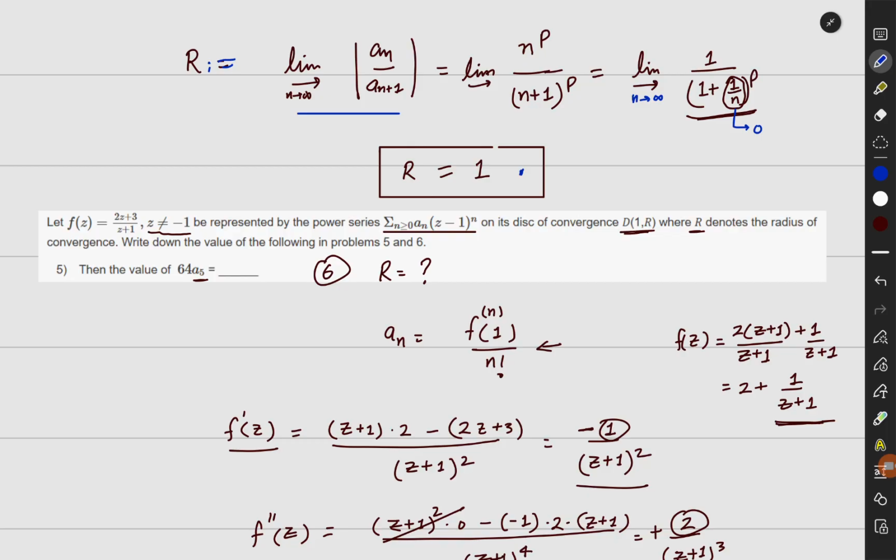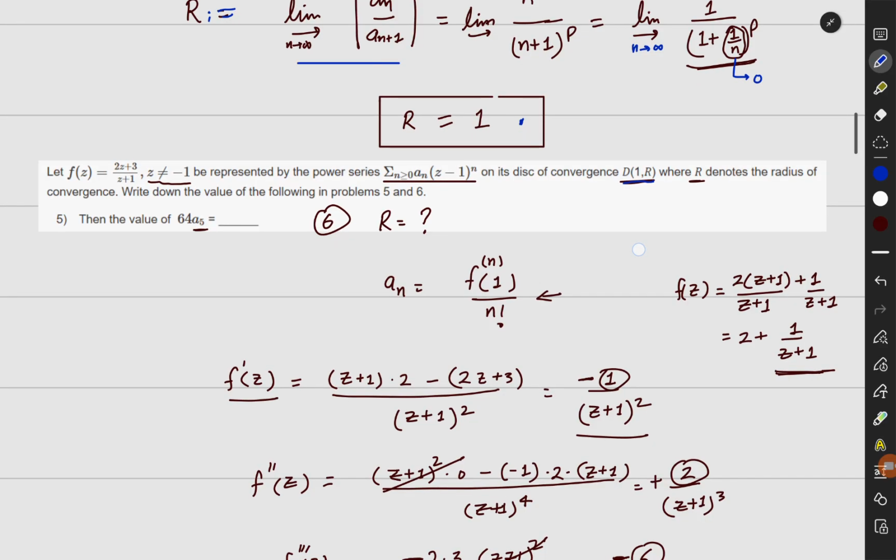The disk of convergence is also given here, D(1, r), where we have to find the value of r, so that will give us the radius of convergence. Problem 6 is about radius of convergence. Problem 5 is to calculate the value of 64 times a5. So let's start with this.